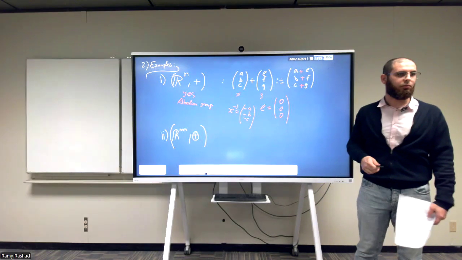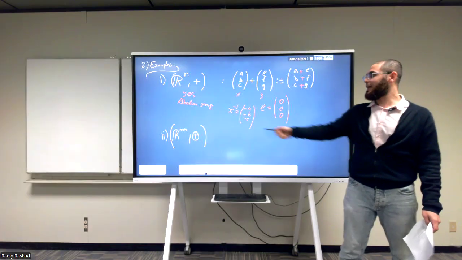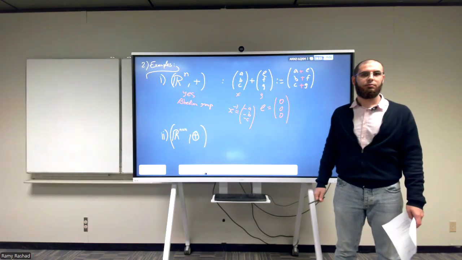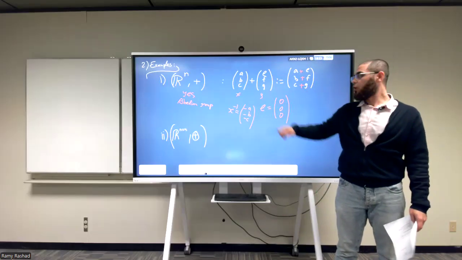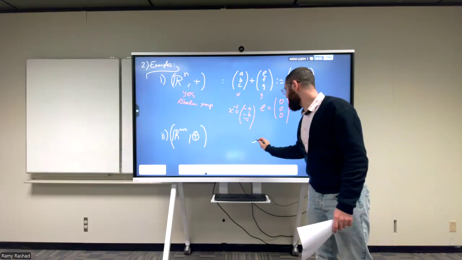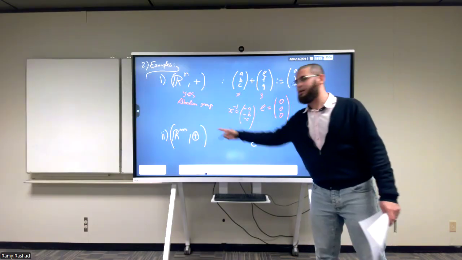The normal one that you're used to. Matrix addition. Is it an abelian group? It's exactly the same. Everything that we said here follows. What would be the identity element in this group?